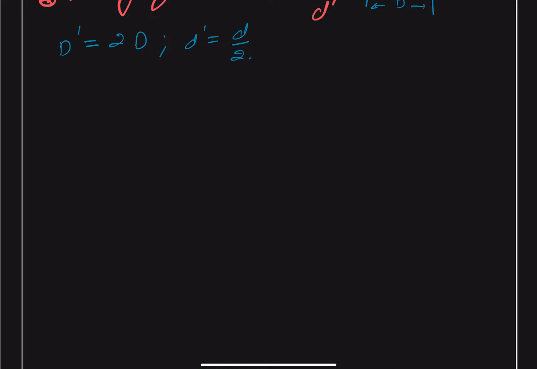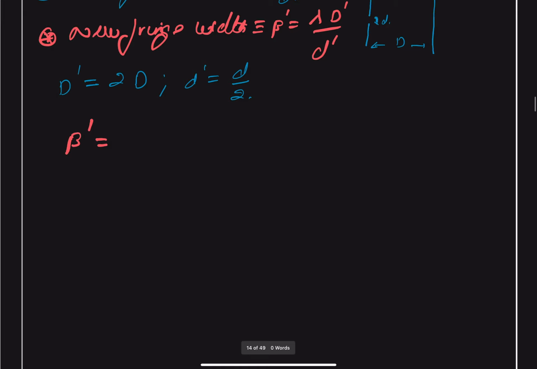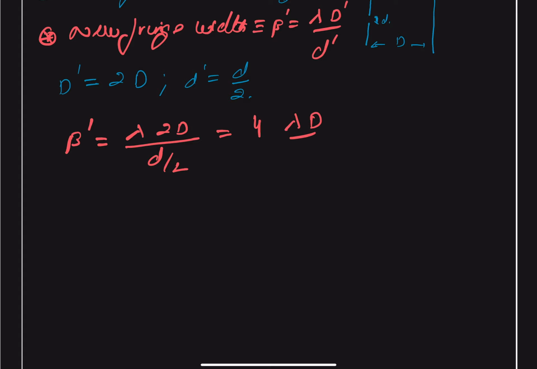So we substitute it, we get our beta prime will be equal to lambda, and this comes as 2D divided by d by 2, and we can write this as 4 lambda D by d, and this comes as 4 times beta.